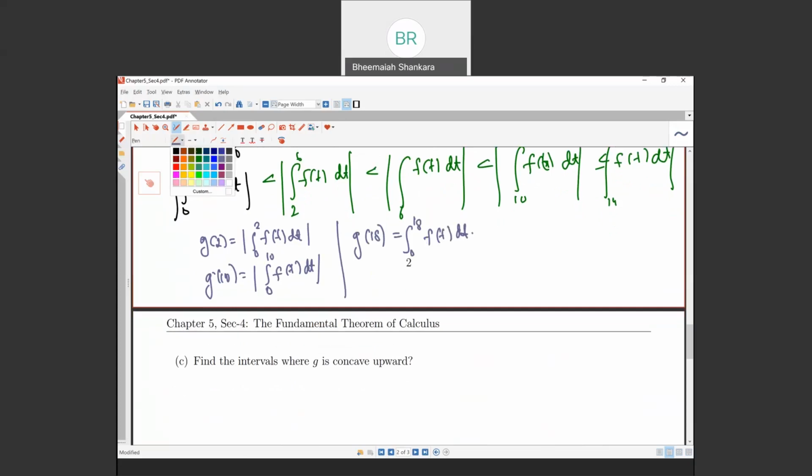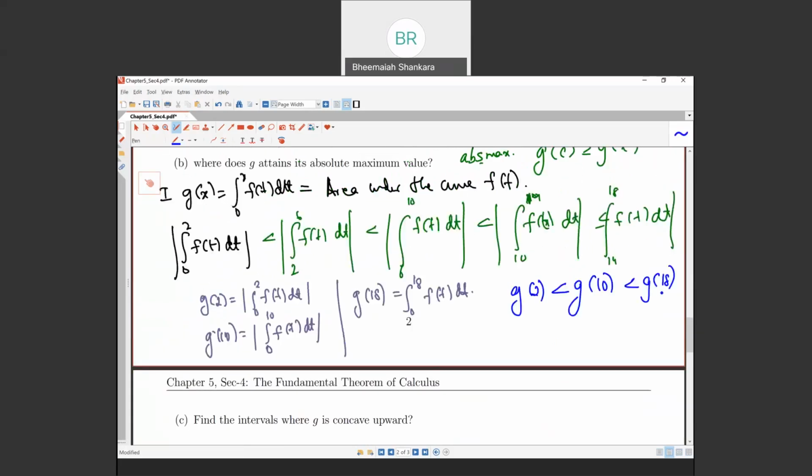And once we calculate these bounds, we see that g(2), the smallest area, is bounded below by g(10). This is bounded below by g(18). So with these comparisons, you will be able to figure out the value of c, or x equal to 18. So you were asked to find the absolute maximum, and the absolute maximum for the function g occurs at 18.